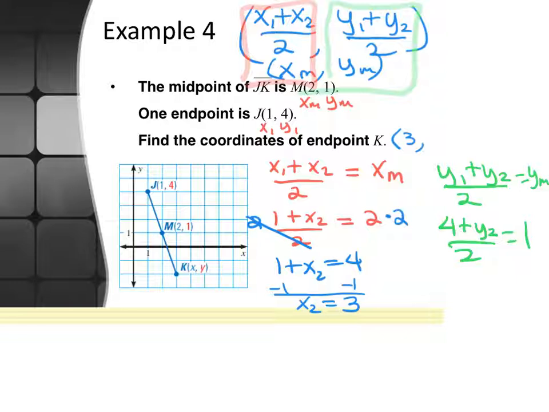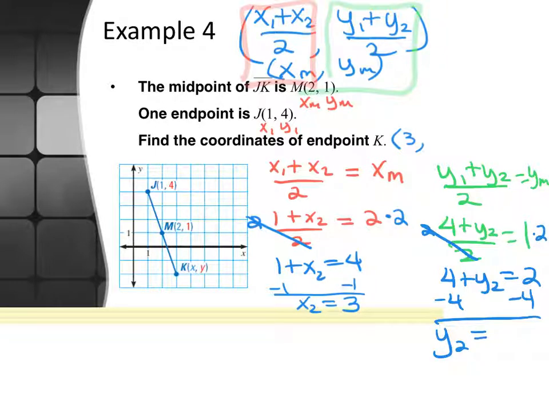Again, I need to solve for y2. So I'm going to multiply both sides by 2 to get rid of the fraction. 4 plus y2 is equal to 2. Subtract 4. And the y of my endpoint is negative 2. So the coordinate for my endpoint is the ordered pair 3, negative 2.